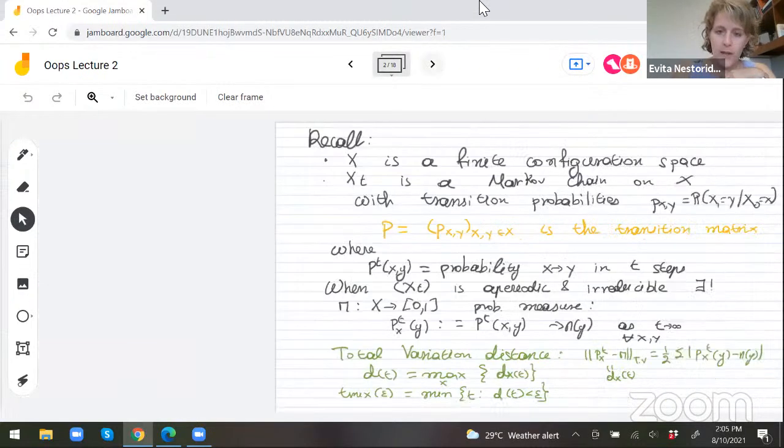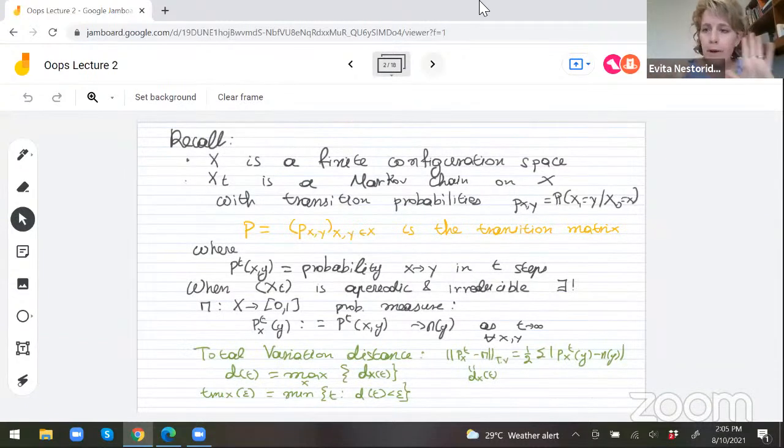I do want to remind you very quickly of the definitions that we saw last time. We always have a finite configuration space. In this lecture, n will be the size of X. Then we consider a Markov chain on this configuration space with transition probabilities p(x,y).